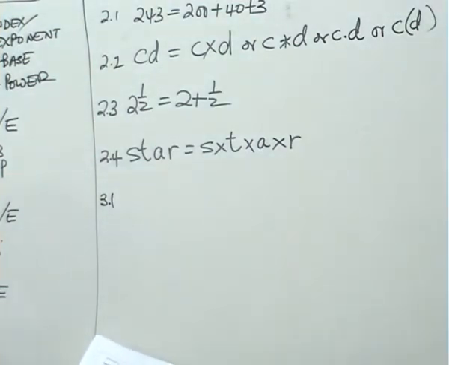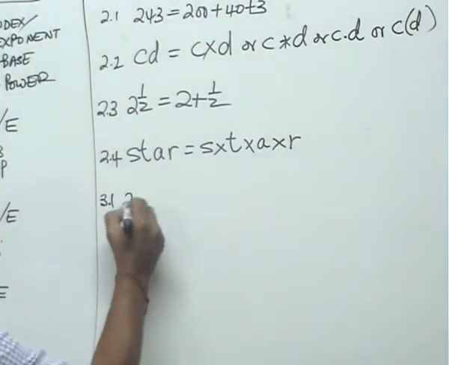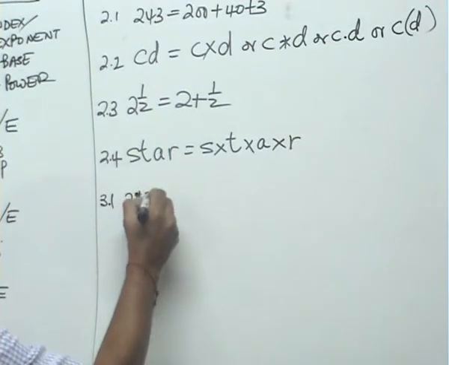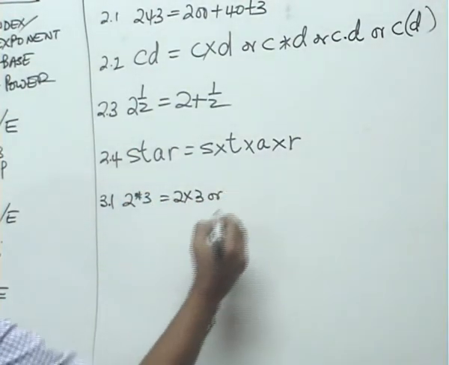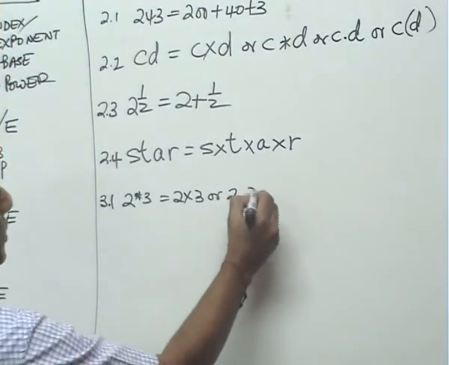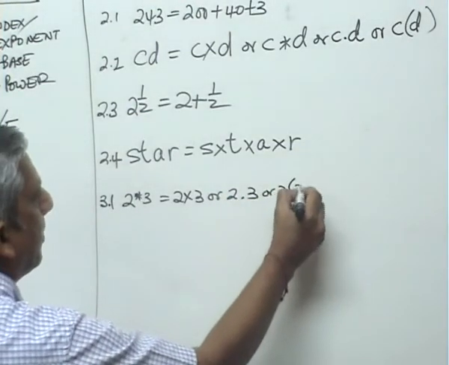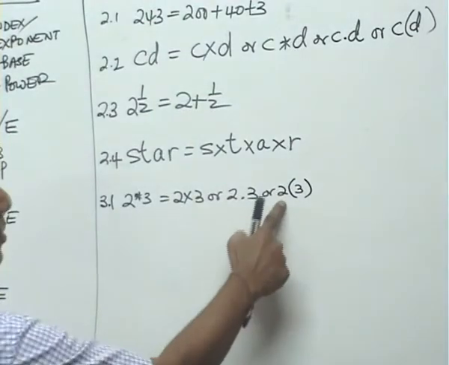You have to replace the sign used by another sign. So 2 asterisk 3 is the same as 2 times 3, or 2 dot 3, or 2 bracket 3.